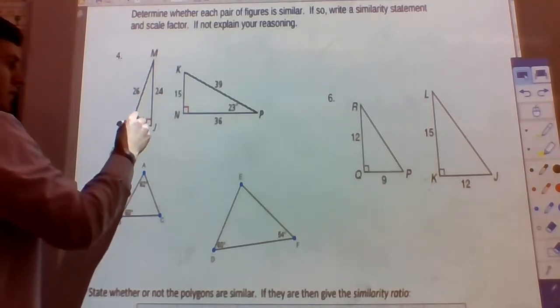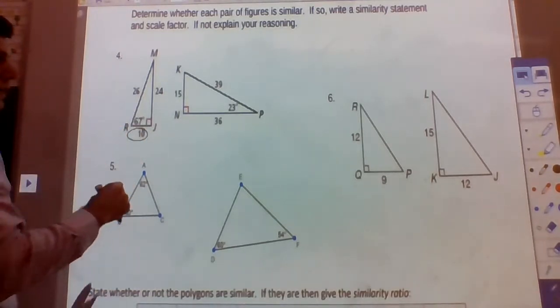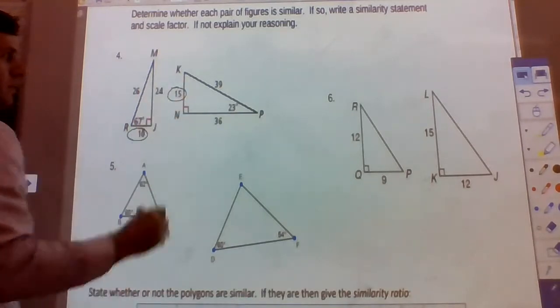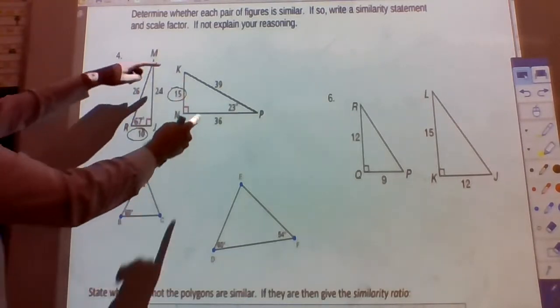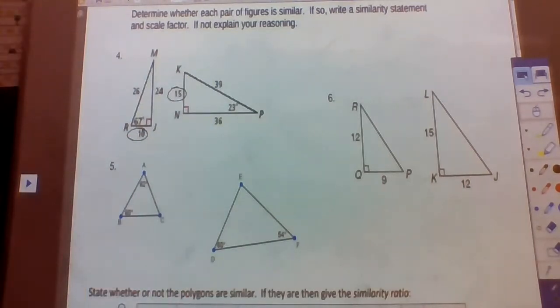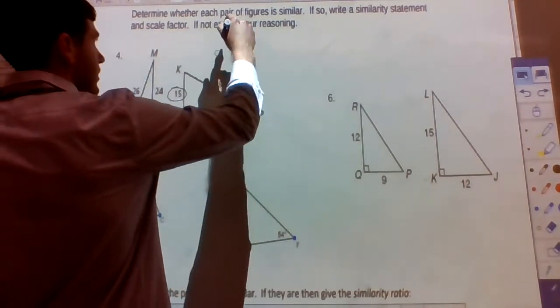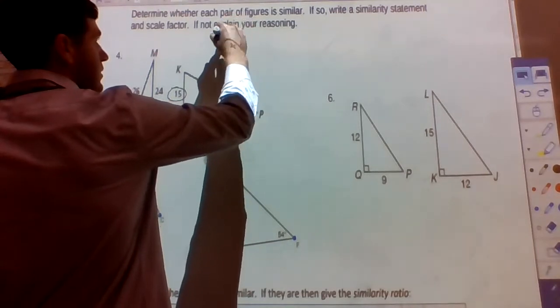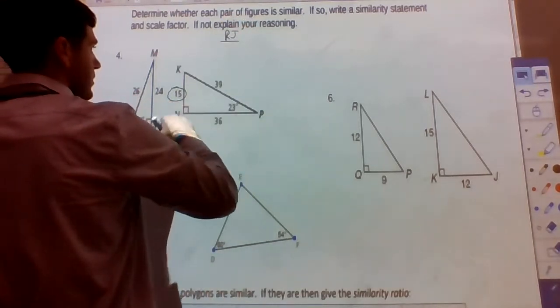RJ is the shortest side, and KN is the shortest side. If we rotate this one about 90 degrees, RJ is going to correspond with KN.